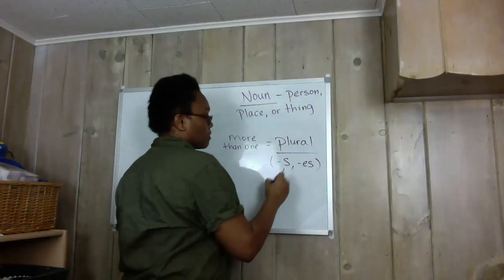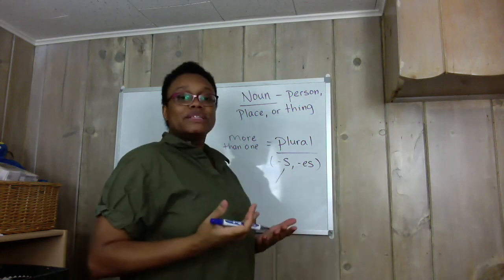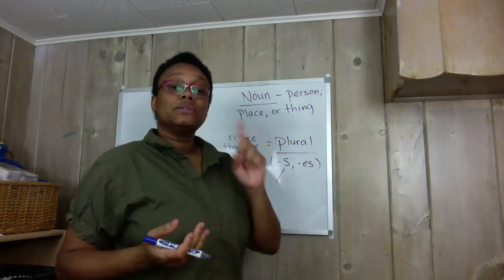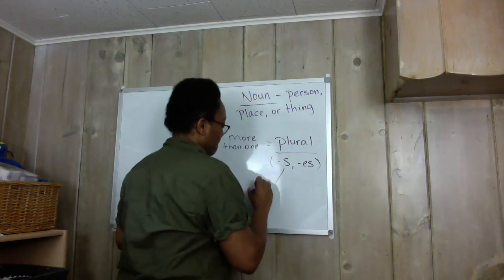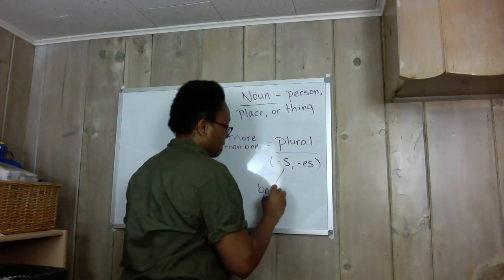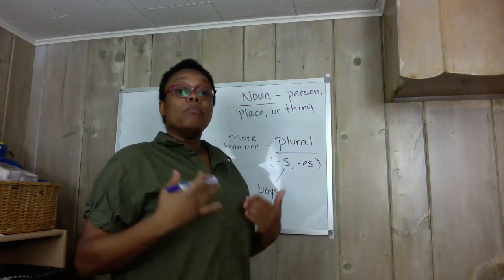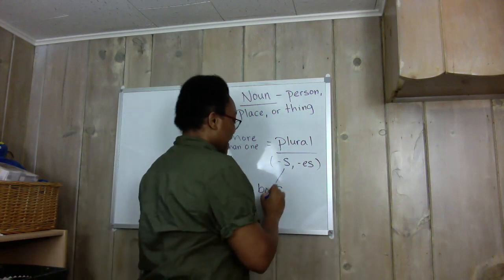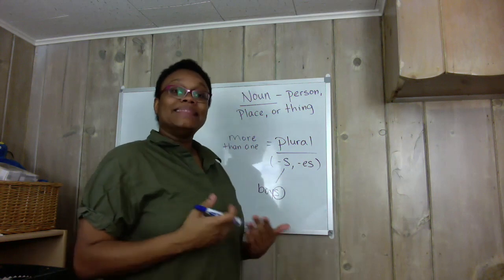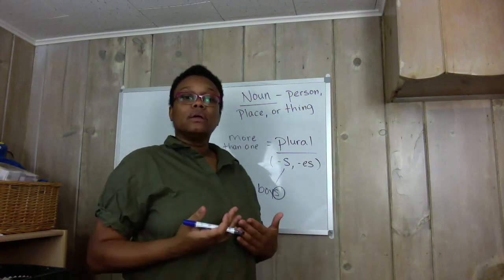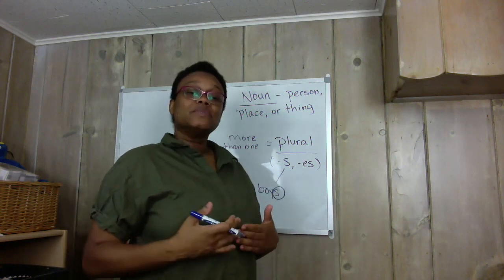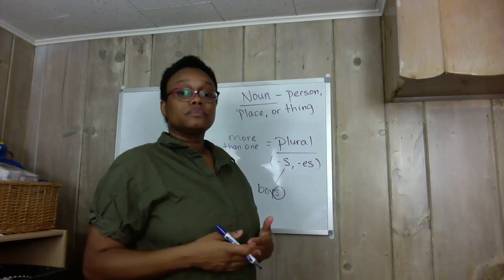So in my other example, I said boy. Boy meant one. Well, now, if I'm talking about more than one, I'm going to add an S at the end of the word boy, boys. That tells me that there's more than one.